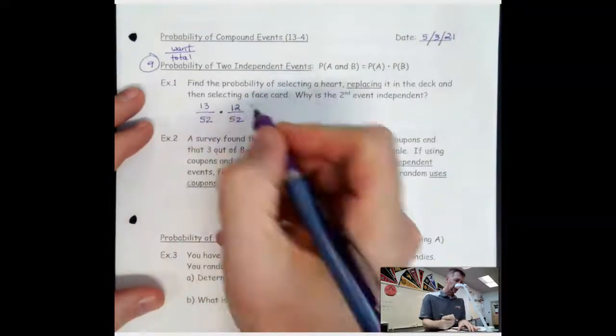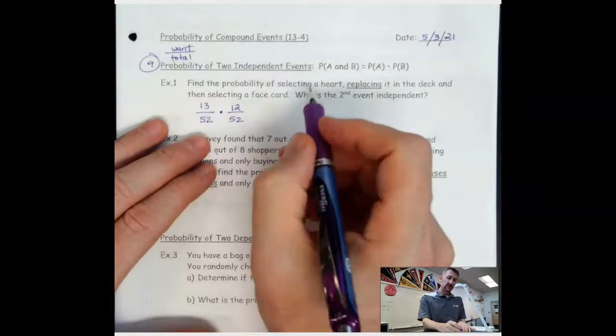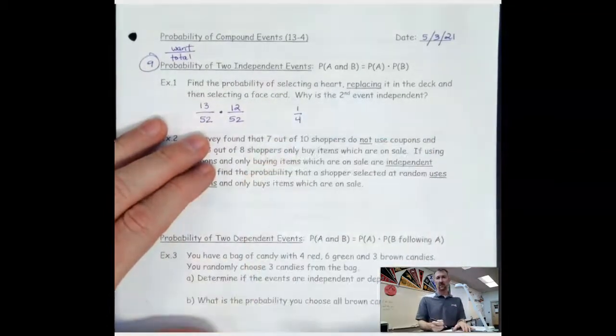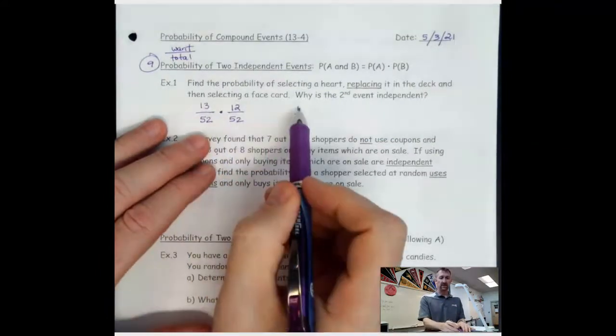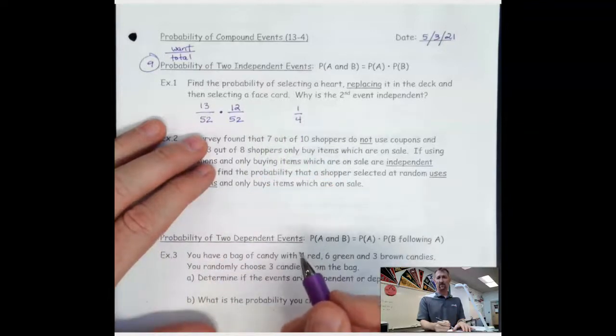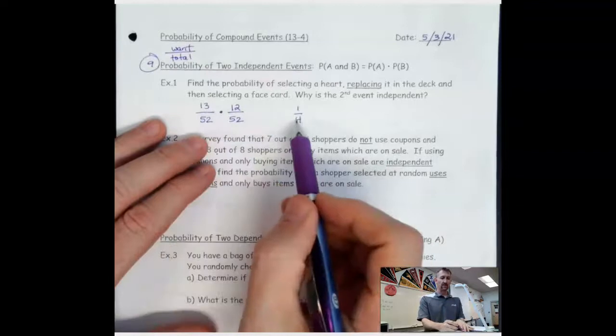So that's 12. Now, I would reduce this. If you think about it, if there's 4 suits, and we want to get a heart, which is one of 4 suits, we could have thought about this that way also: it was 1/4 of the deck. There are 4 suits, and each suit has the same number of cards, so 1/4. But this reduces to 1/4.